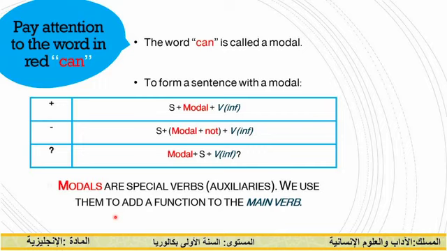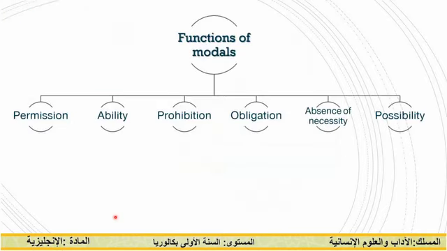They help us add a function to the main verb. What is the function that the modal can add to the main verb? For example, what is the difference between saying I eat and I can eat? There is a difference. We will see right away.